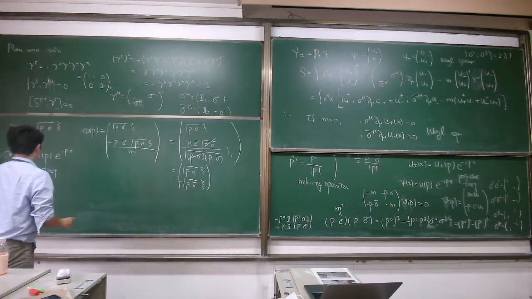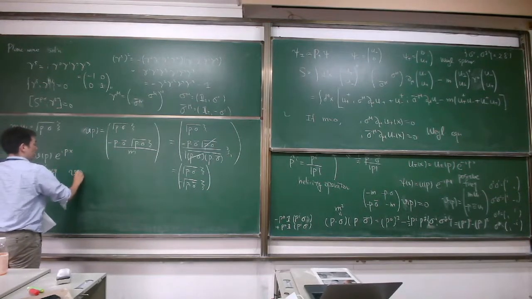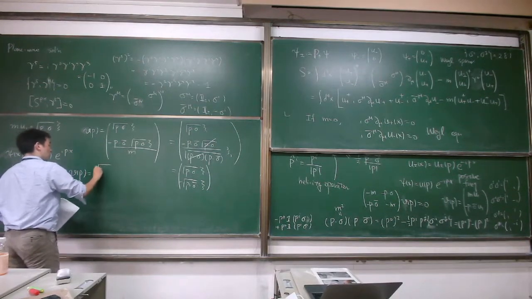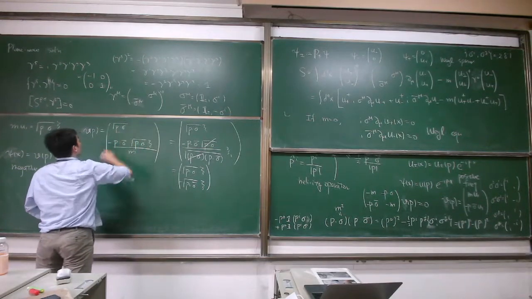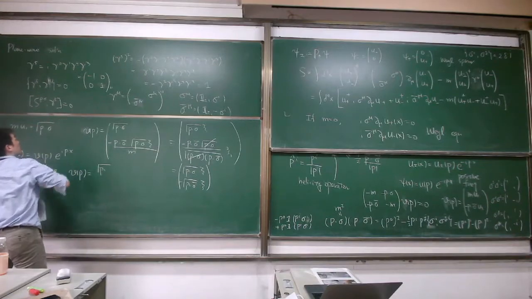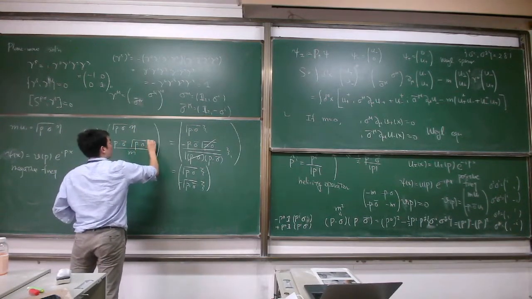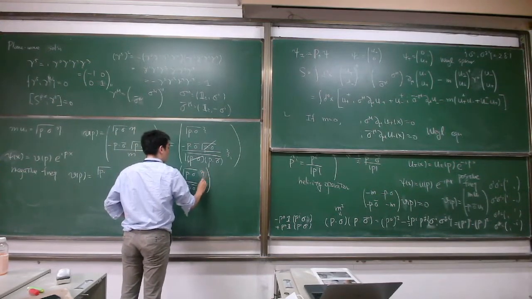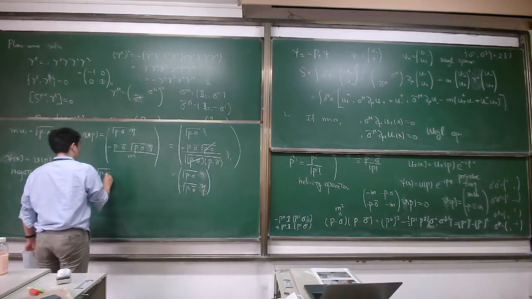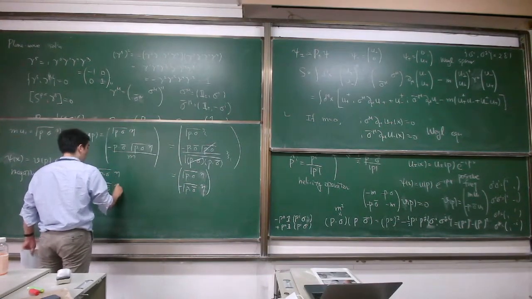So therefore, v of p is equal to, I call it a dagger for v, a dagger for negative frequency. So therefore P·sigma, P·sigma-bar minus a dagger a.